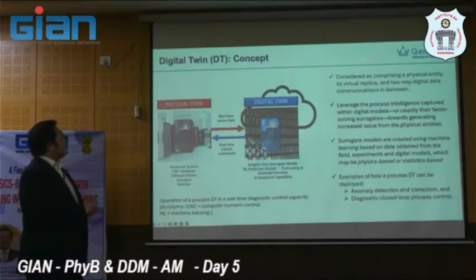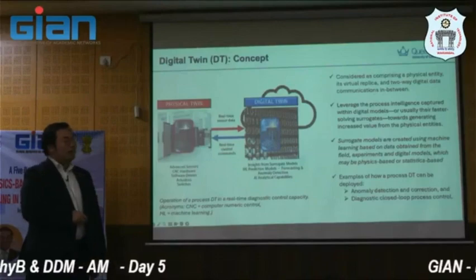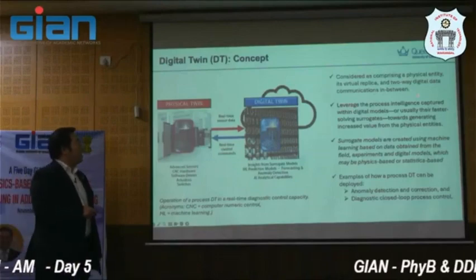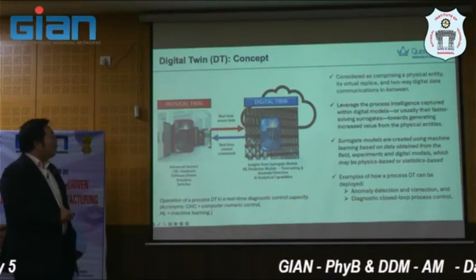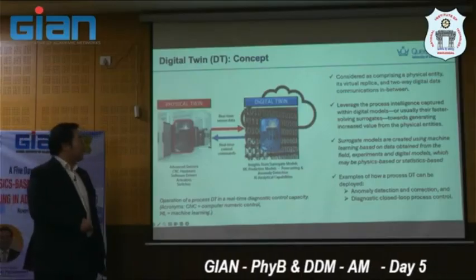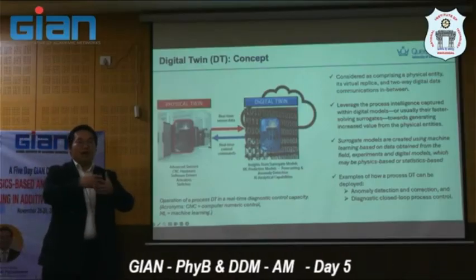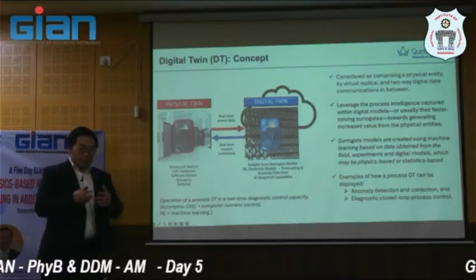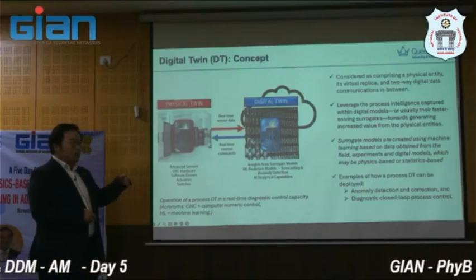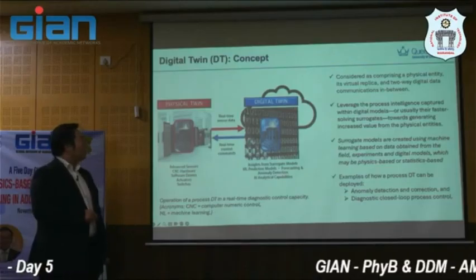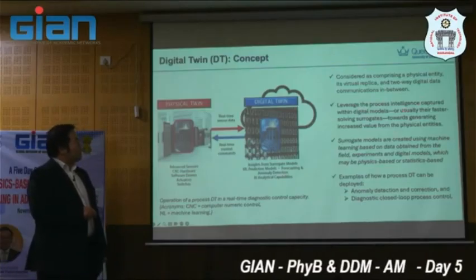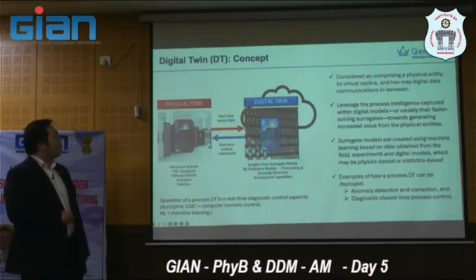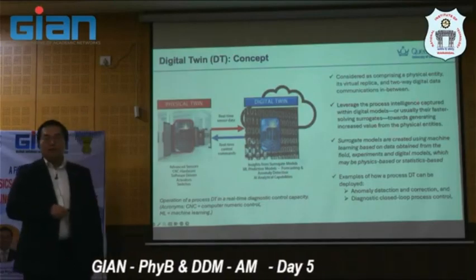digital twin actually considered as a physical entity with a virtual replica, with two-way digital data that communicate with each other. So that means the key is the communication between the physical and digital model, which are predictive capabilities that I will show you a little bit later. And leverage this process intelligence to capture the digital model using a faster-solving surrogate.